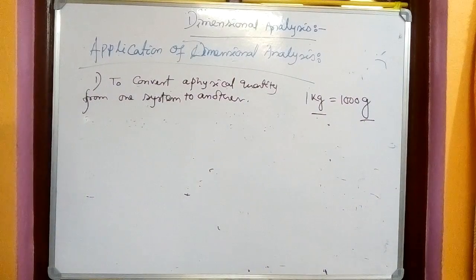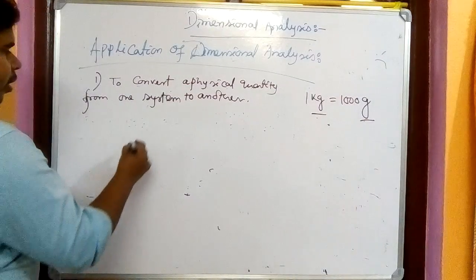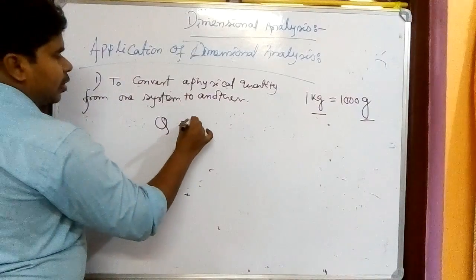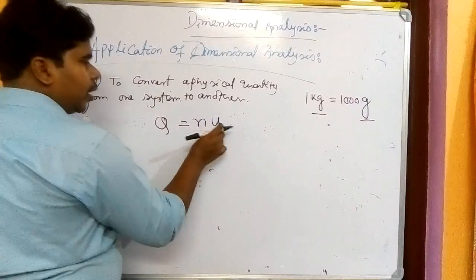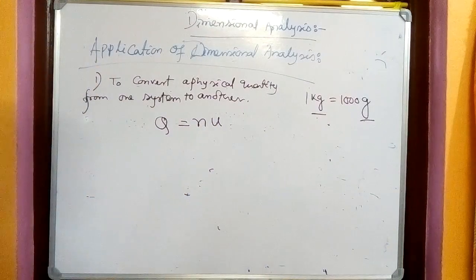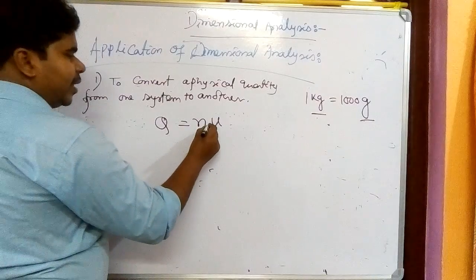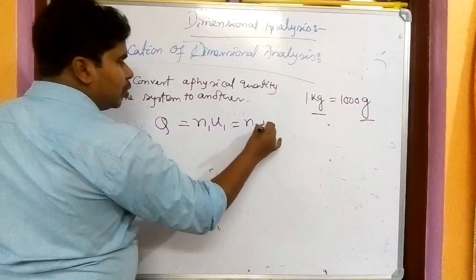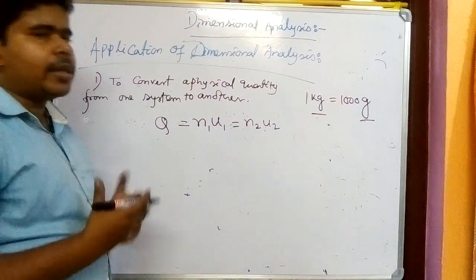Let's see an example of how we can convert it. We all know if I write a physical quantity Q, it equals N into U, where N is the number and U is the unit. But if I take different unit systems, we can write it N1 U1 equals N2 U2. Why? Because the physical quantity I have taken is constant.